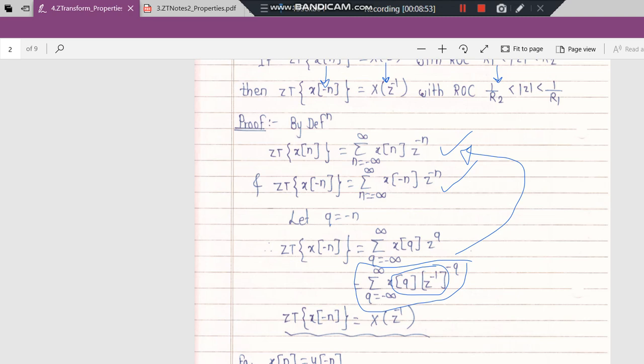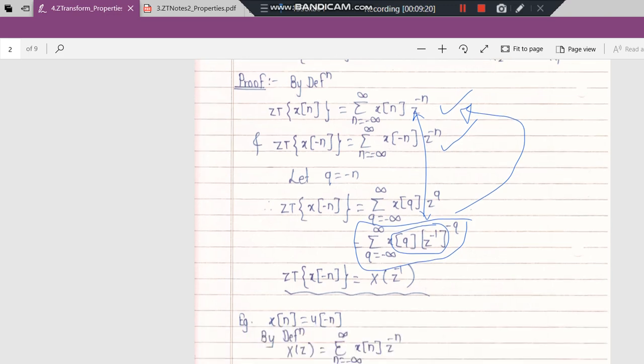Instead of n equal to minus infinity to infinity, we have q equal to minus infinity to infinity. So these two equations are similar. Only the thing is that instead of writing X of z as the Z transform of this complete signal, we write X of z raised to minus 1. Okay, so this is the algebraic manipulation which we do to prove the time reversal property.